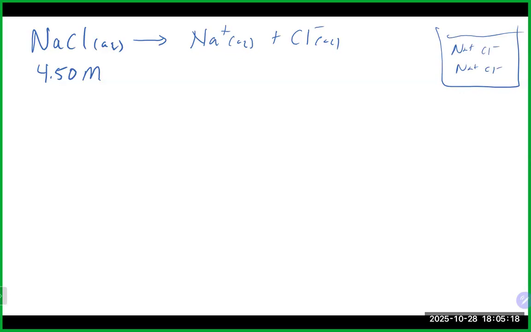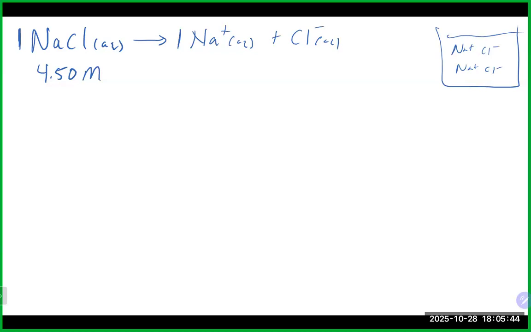And in some cases, we may be interested in the concentration of those ions that are actually floating around in the solution. So the relationship of the molarity of the whole thing to the molarity of the ions works like stoichiometry, a mole-to-mole relationship. For example, it is a 1-to-1 relationship between the whole thing and the sodium ions.